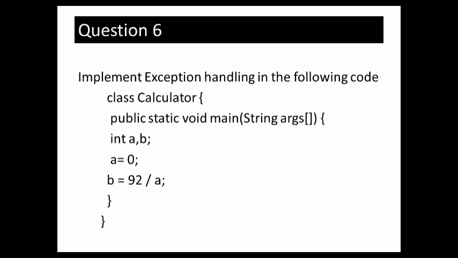So that one, we know very well it's going to give us an error because you don't divide a number by 0. So we are supposed to use exception handling to catch this particular error. So how can we modify this program to be able to catch this error? So let's see.